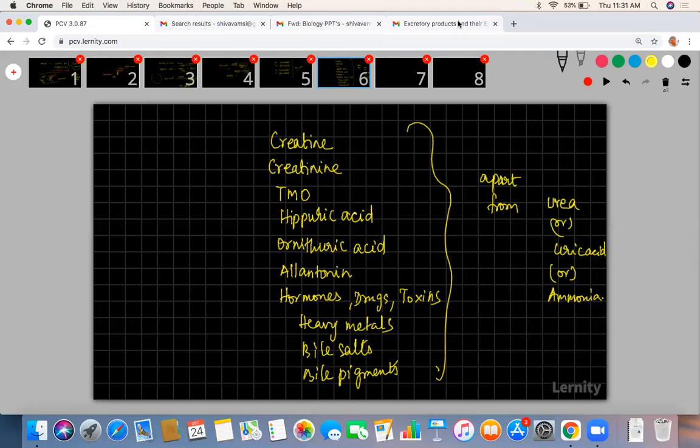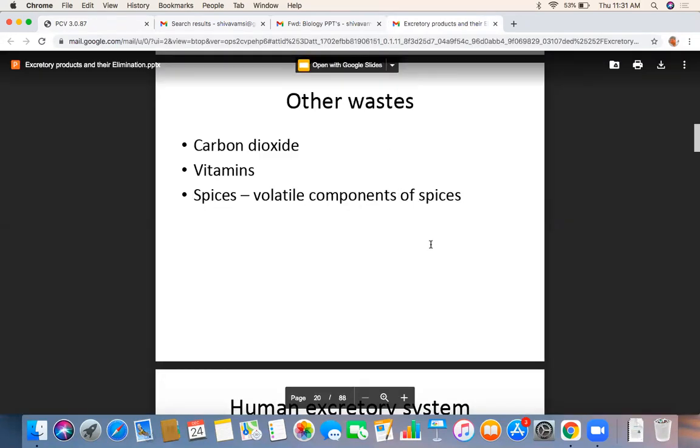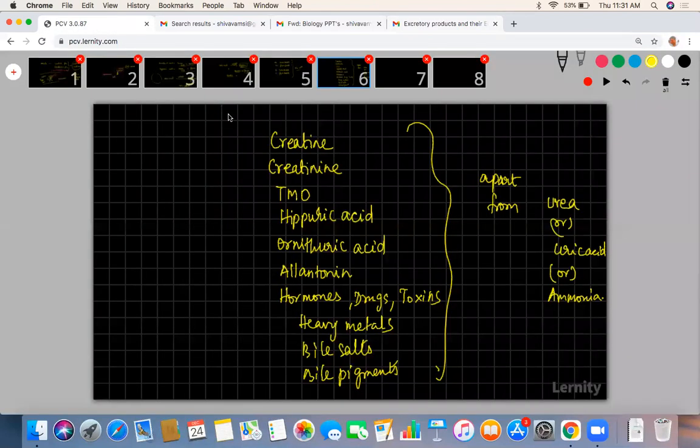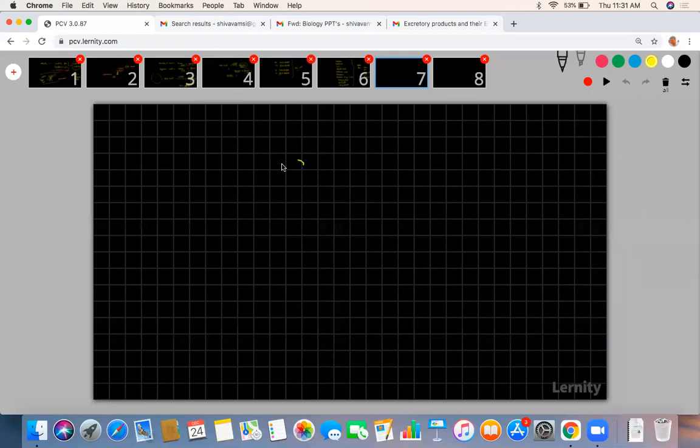So now moving on further, human excretory system we are going to study. In the human excretory system, you have a pair of kidney. And then you have a pair of ureter. Then you have the urinary bladder.